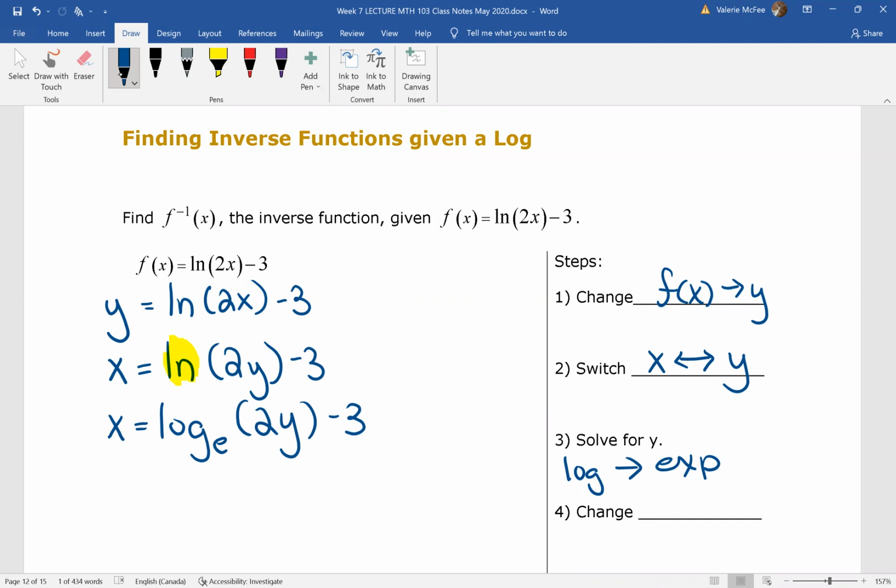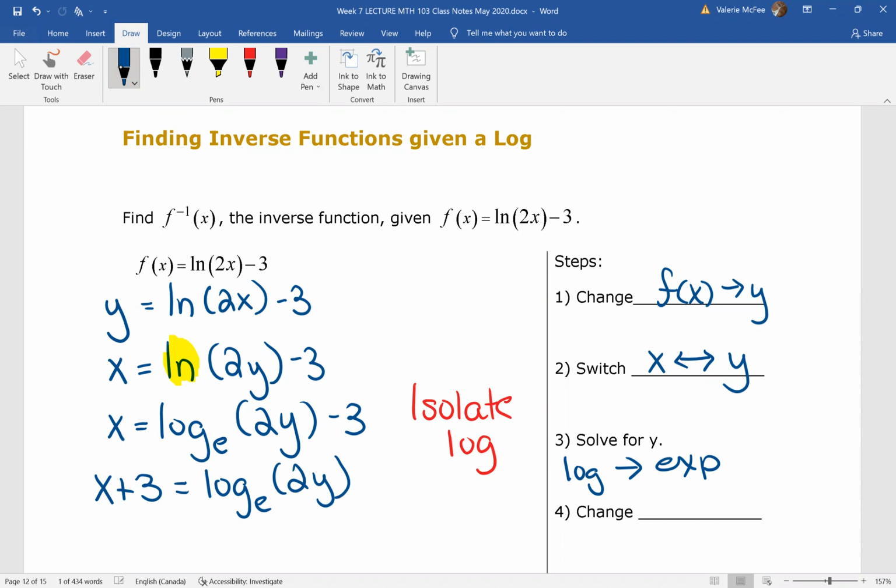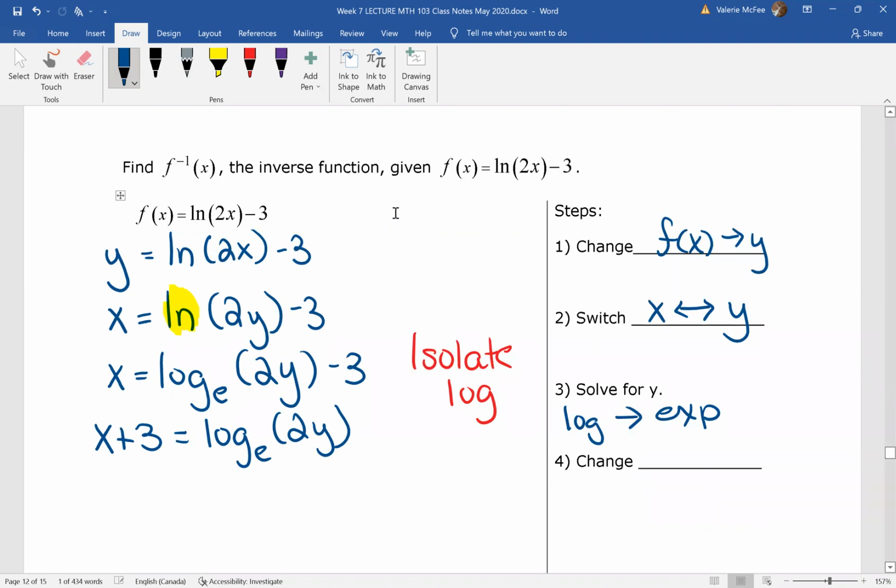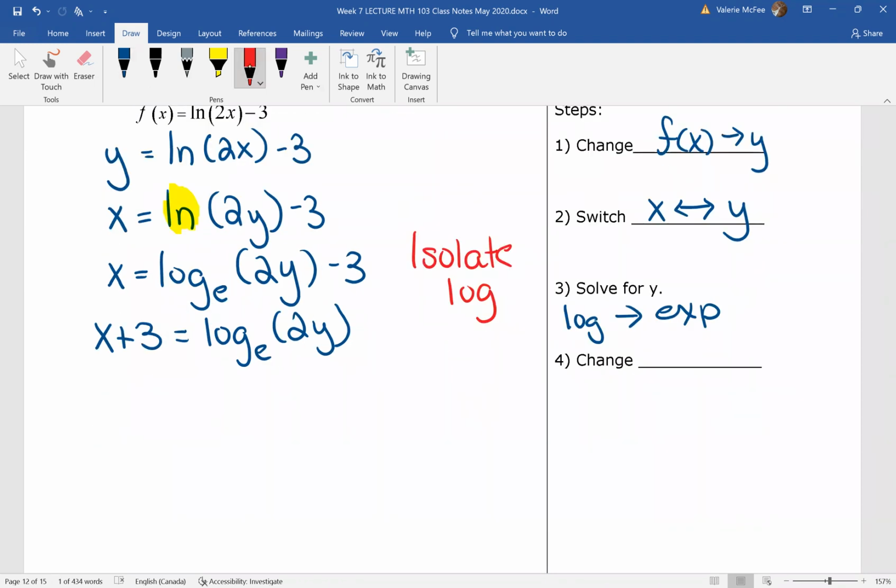What do we do? Well, we're going to have to isolate our log. And now we can change it to exponential form.